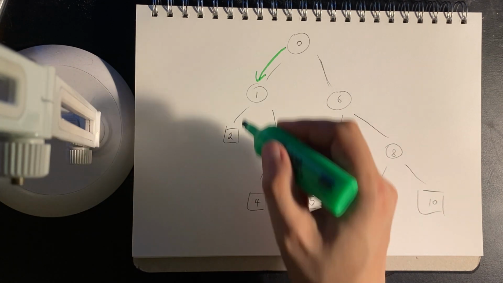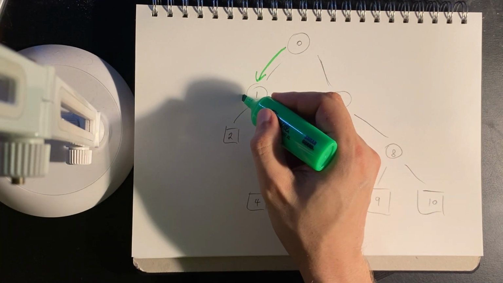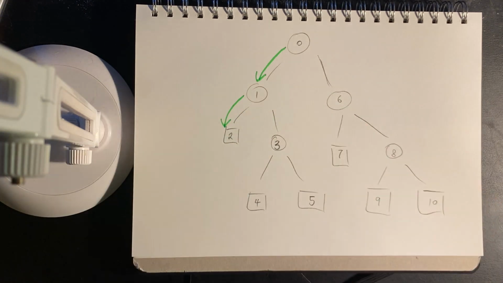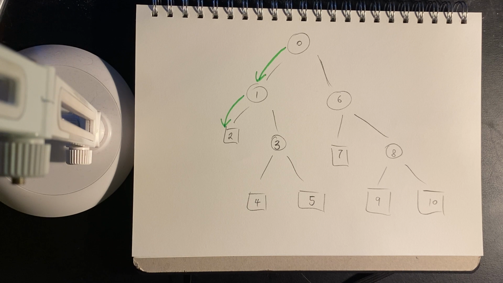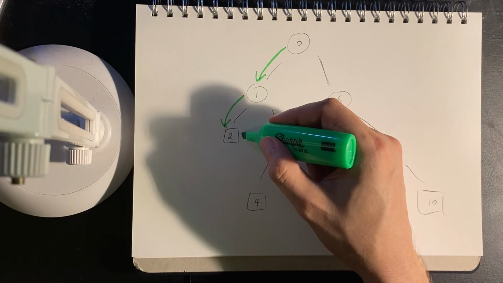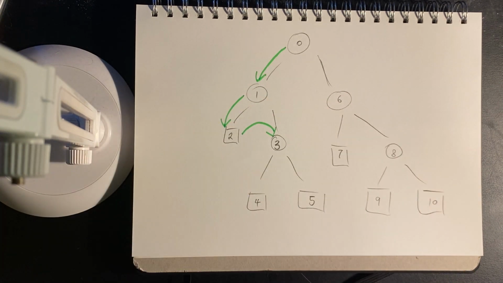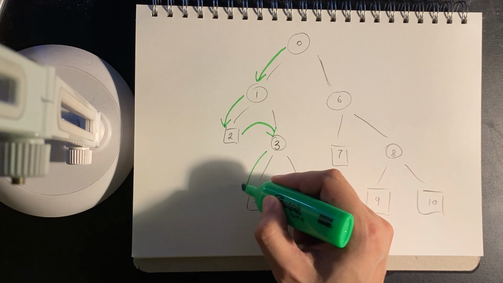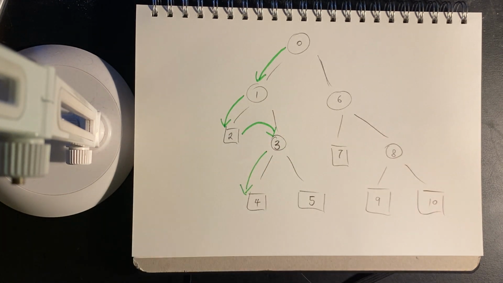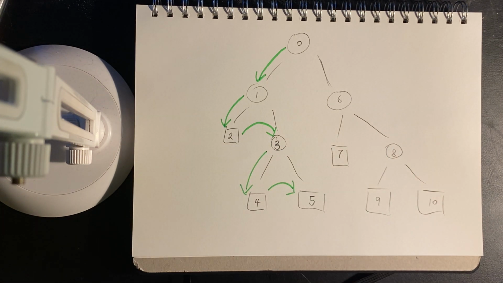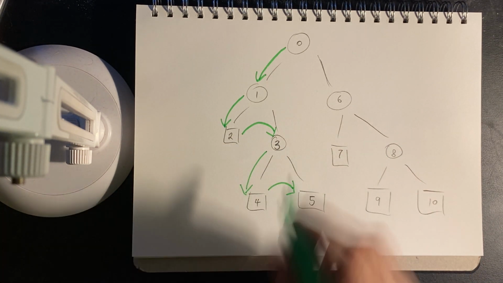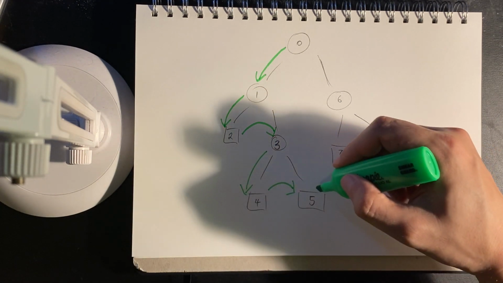If we intersect that successfully, where should we search next? Let's search node 2. After we hit node 2, we're not done because we could have other things. So we then search node 3. If node 3 has been hit, we search node 4. If node 4 has been hit, we search node 5.